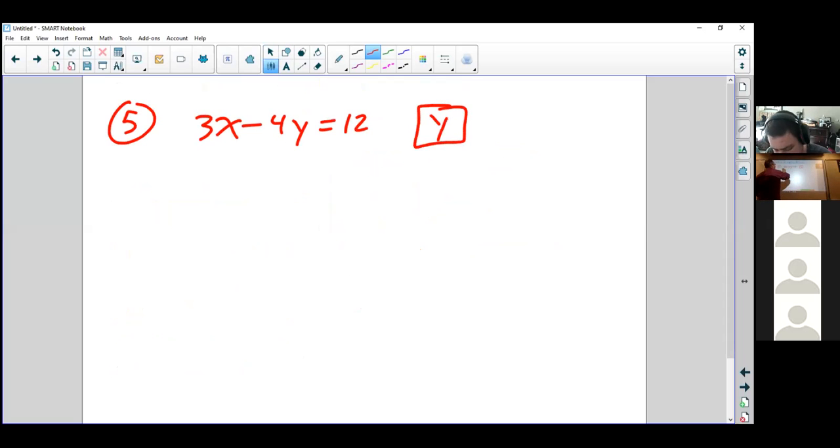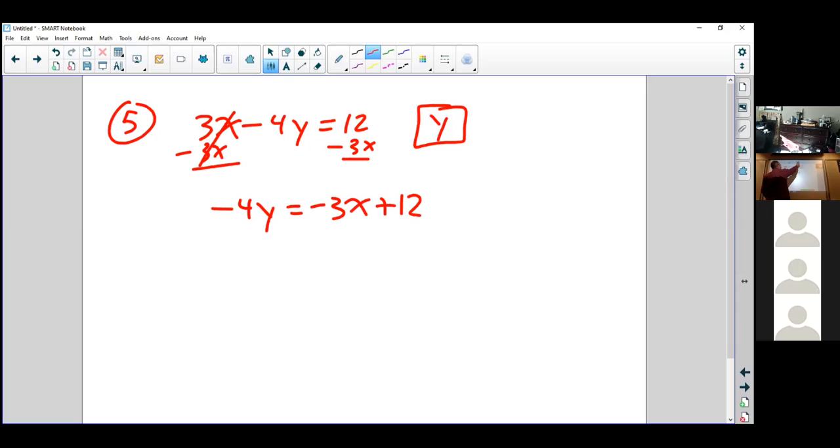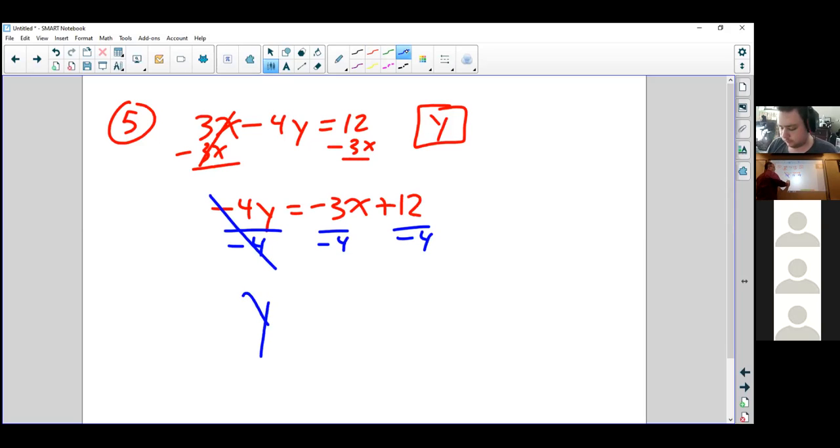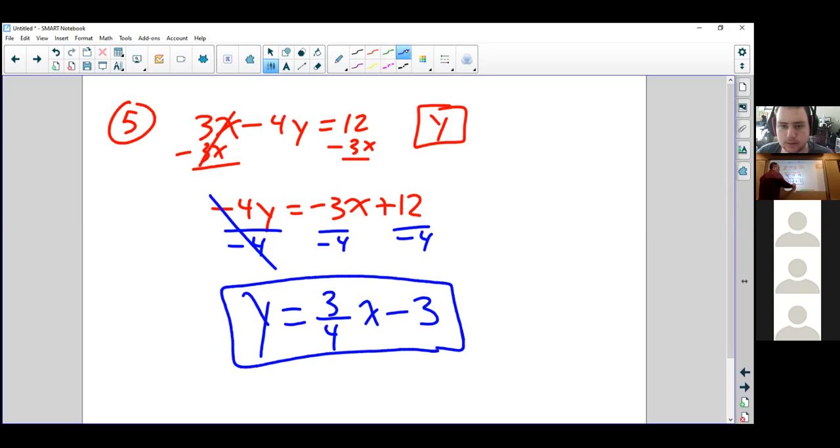So that means I want to get y by itself. So what I'm going to do is subtract 3x from both sides. Those cancel. And it is a positive 12, so I'm going to make it plus 12. And then I'm going to divide everything by negative 4. Those cancel, so I get y equals negative over negative is positive. Positive over negative is negative. And so that's how you would do problem number 5.